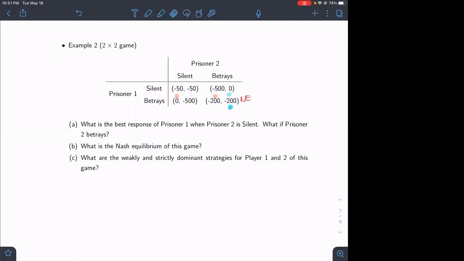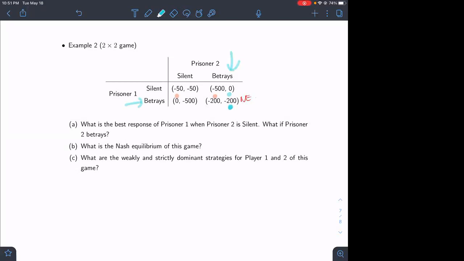I think I tweaked the original prisoner's dilemma game, so it may have a different Nash equilibrium from the original game. We will see the original game in class. And we also have weakly and strictly dominant strategies here: betraying for player 1 and betraying for prisoner 2.